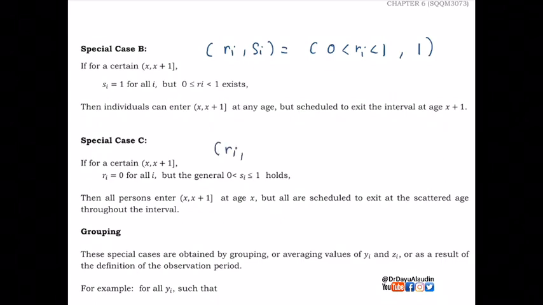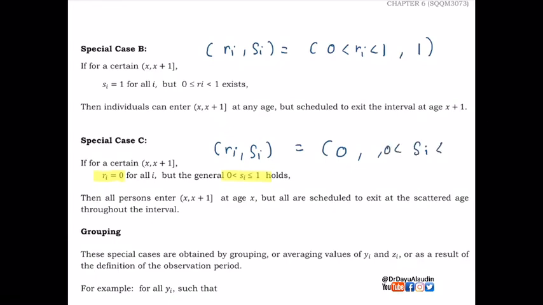And special case C, RI, SI, where RI is 0 and SI is between 0 and 1 when ZI happens between the interval.